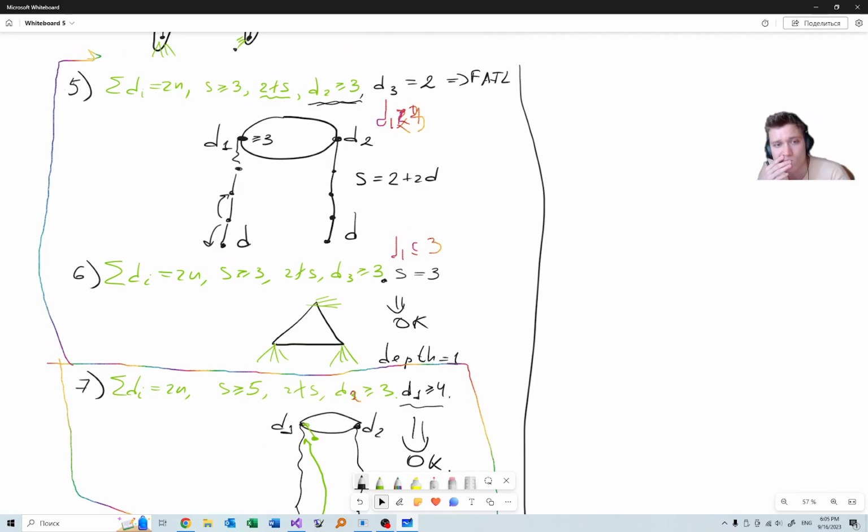Okay. Let me do it as I said earlier. So here I have sum of di is equal to 2n, S is at least 3, 2 is not divisible by S, D2 is at least 3.